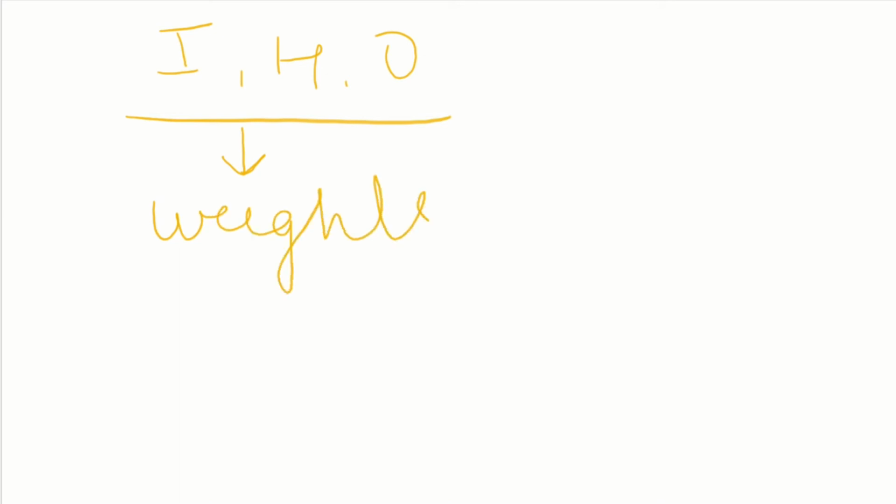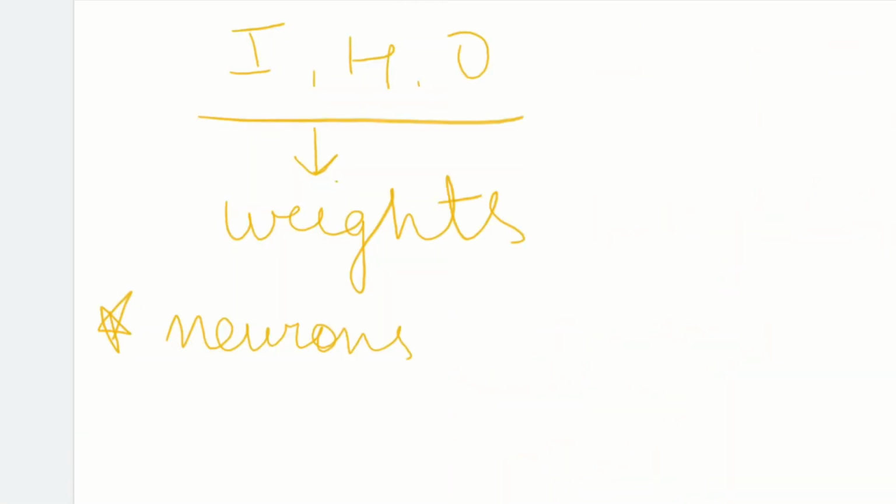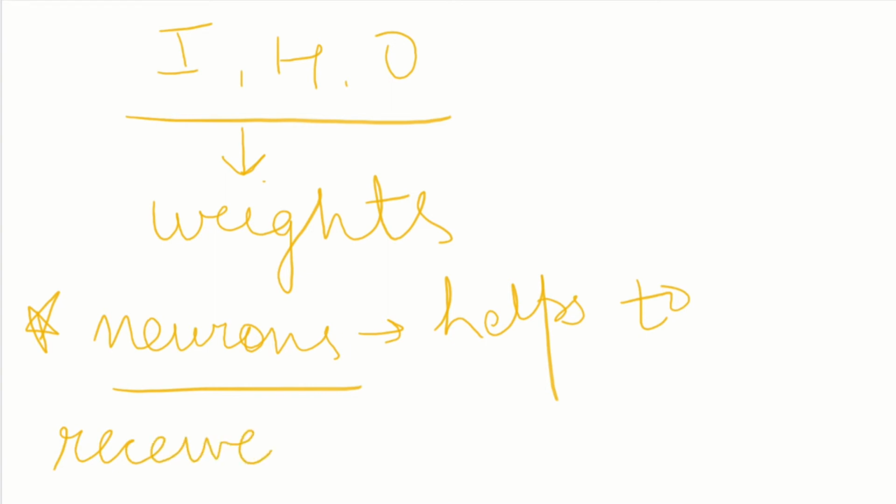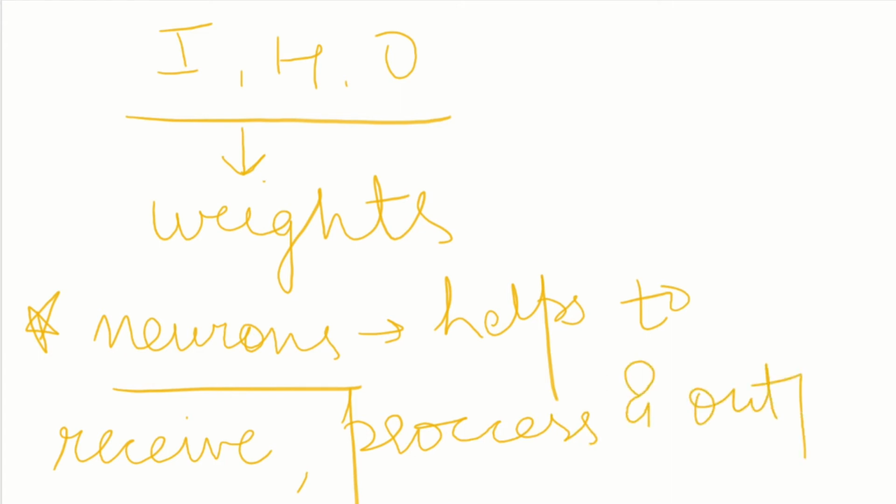Every layer, all input, hidden, and output, all these layers are associated with some weights. Keep in mind, the neurons we talked about, which are present in every layer, help to receive, process, and generate the output.